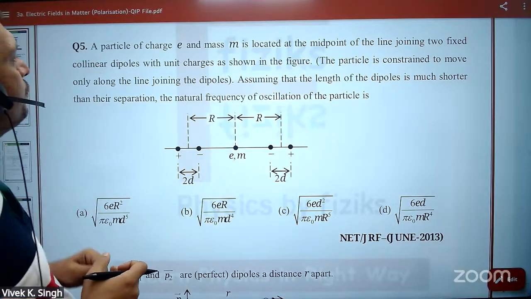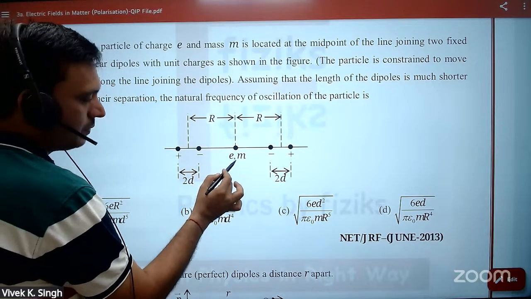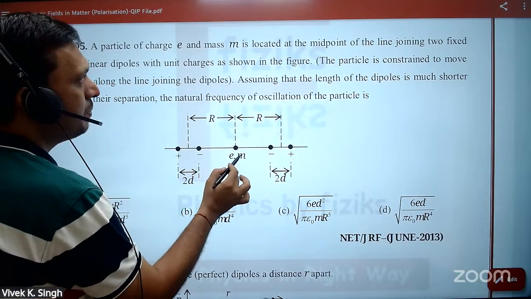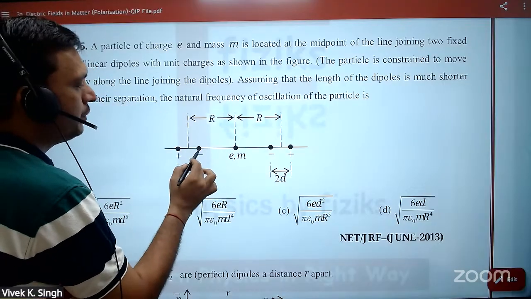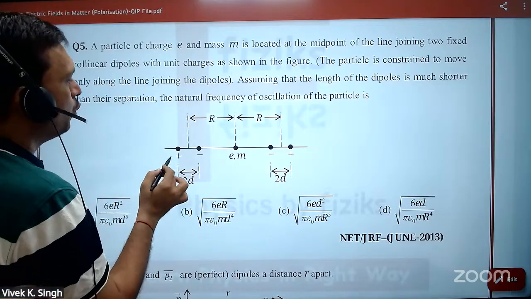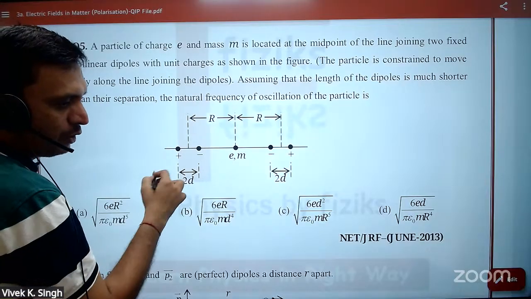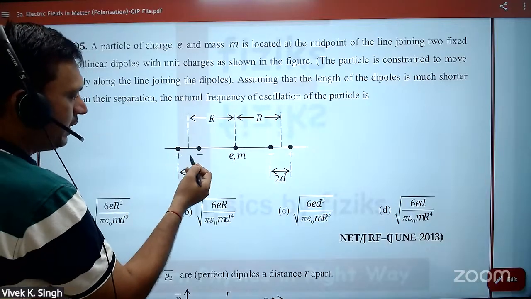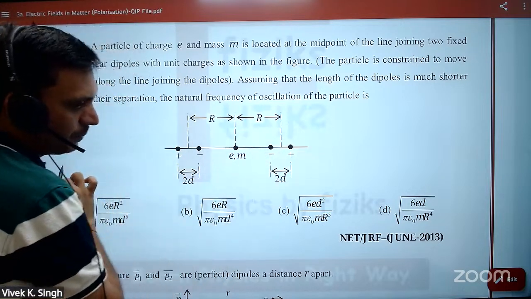A particle of charge E and mass M is located at the midpoint of the line joining two fixed collinear dipoles with unit charges. These are the two dipoles, plus minus. One dipole is in this direction, another dipole is in this direction, and they are collinear.